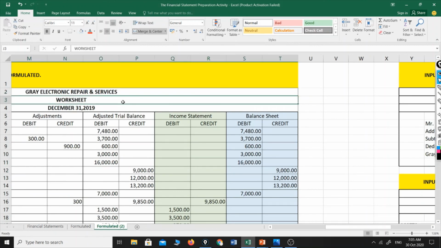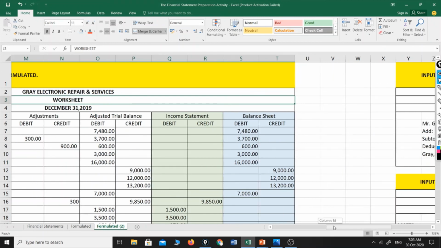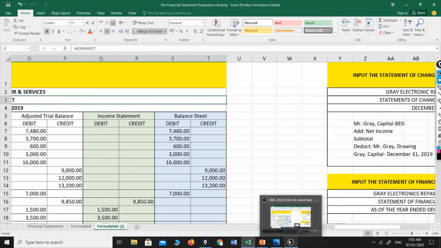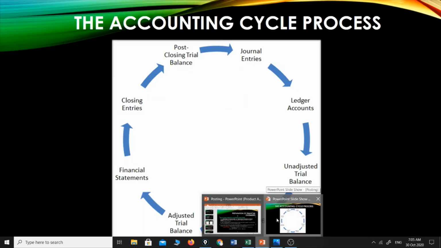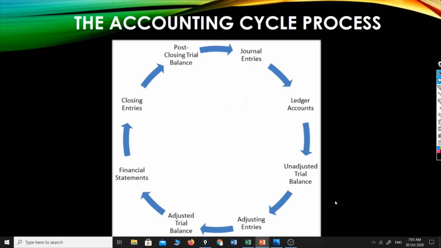As you can see, we've already finished the seventh step of the accounting process. Okay? An overview of the accounting cycle process.